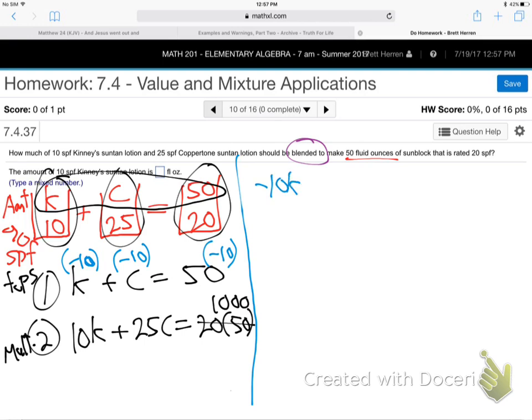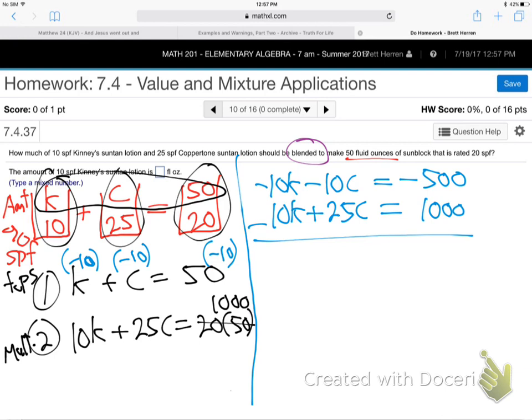So negative 10K minus 10C is negative 500. The bottom equation, 10K plus 25C is 1,000. Add them up.